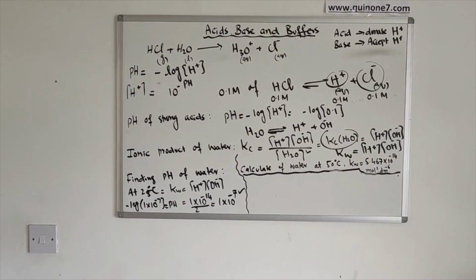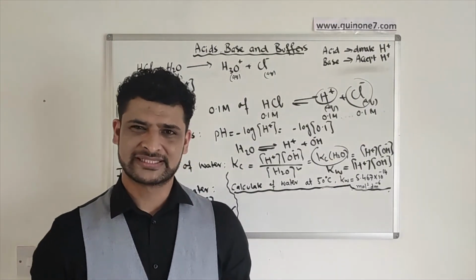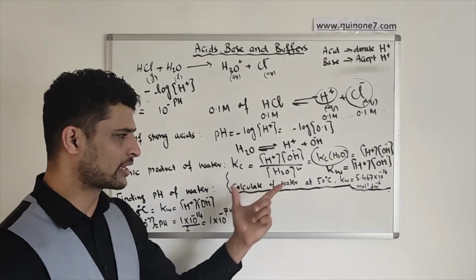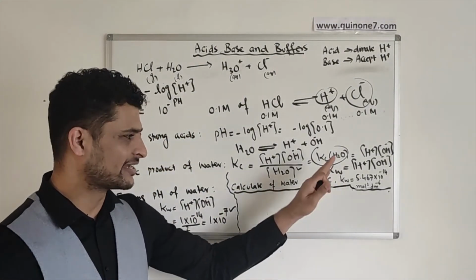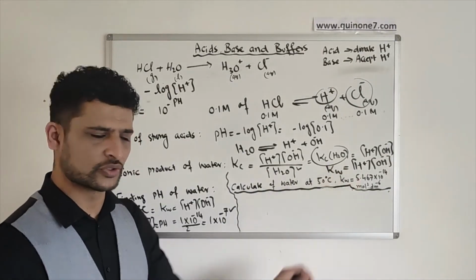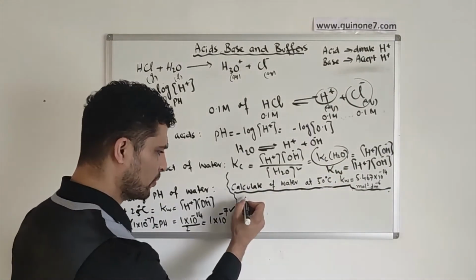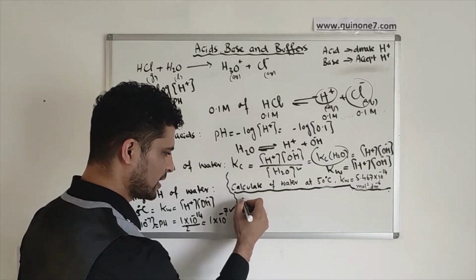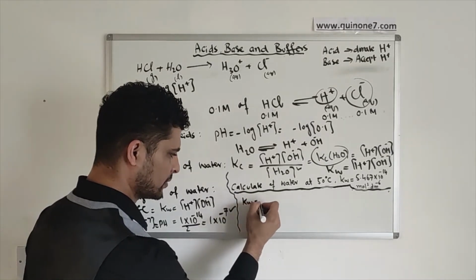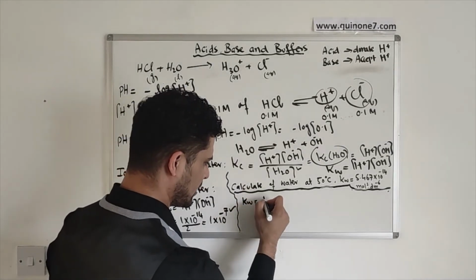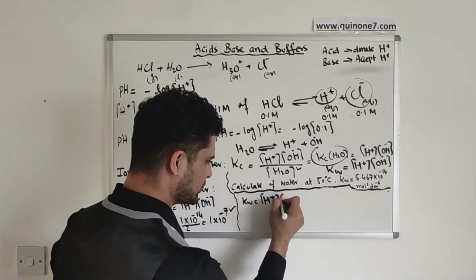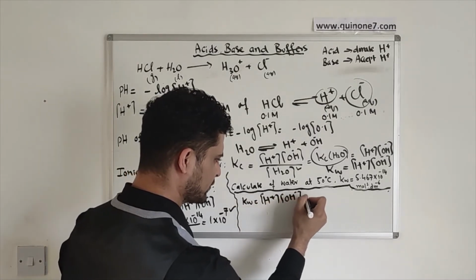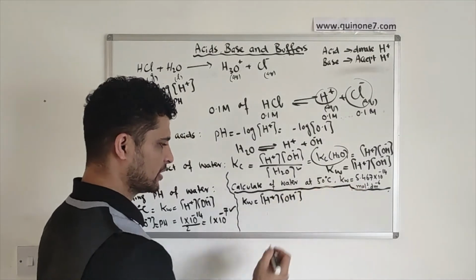Now let's take an example of how we can calculate the pH of water at 50 degrees centigrade, where Kw is already given. If we start with the formula Kw is equal to H positive ion concentration times OH negative ion concentration, at 50 degrees the Kw is given.